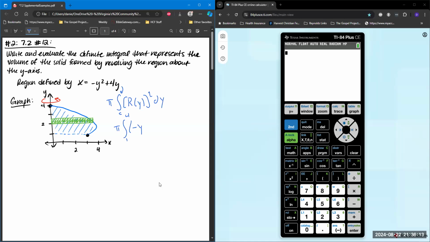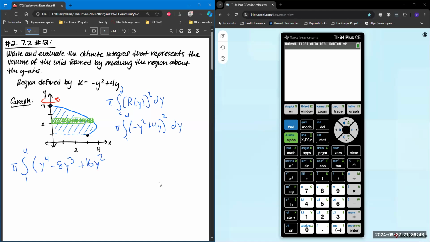We have negative y squared plus 4y quantity squared dy. This is pi integral 1 to 4 of y to the fourth, and that's negative 4y to the third, and another negative 4y to the third is a negative 8y to the third. 4 times 4 is 16.